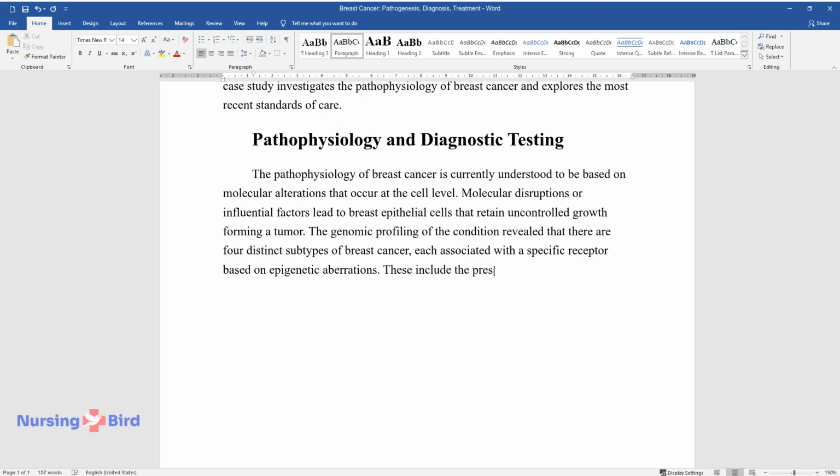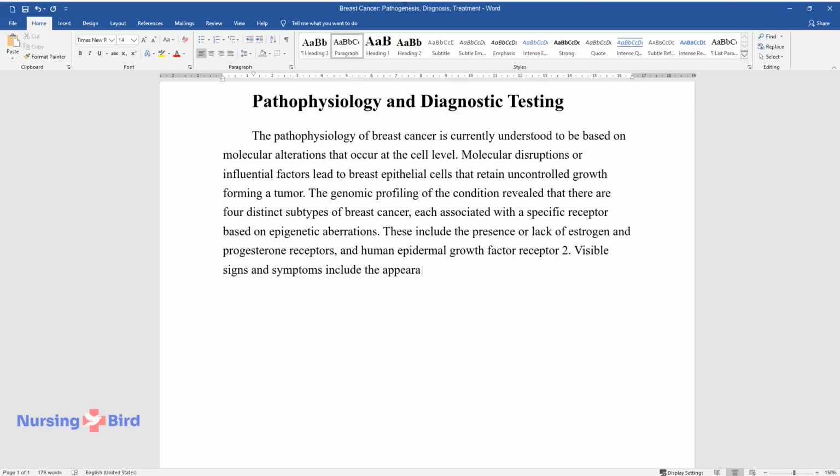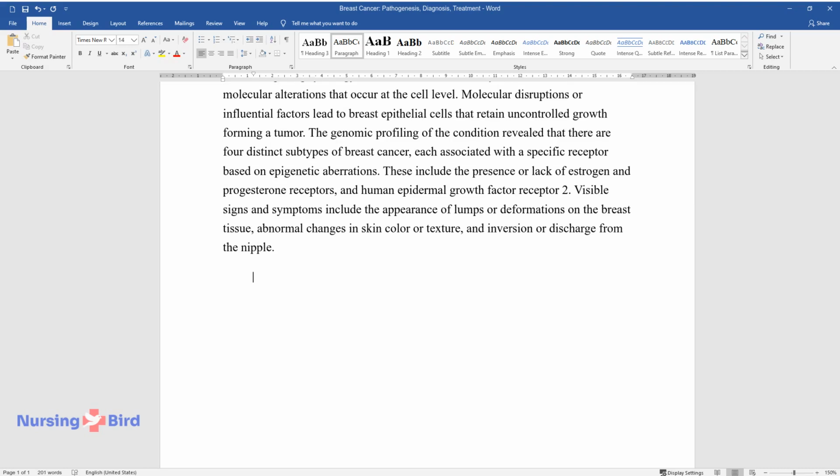These include the presence or lack of estrogen and progesterone receptors, and human epidermal growth factor receptor 2. Visible signs and symptoms include the appearance of lumps or deformations on the breast tissue, abnormal changes in skin color or texture, and inversion or discharge from the nipple.